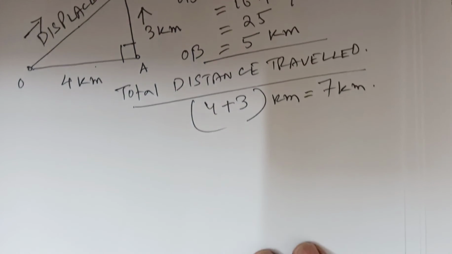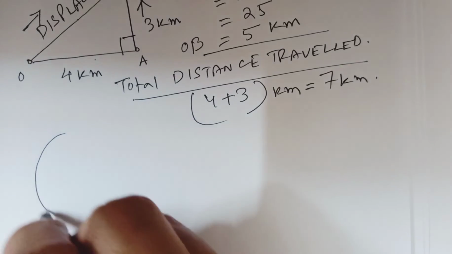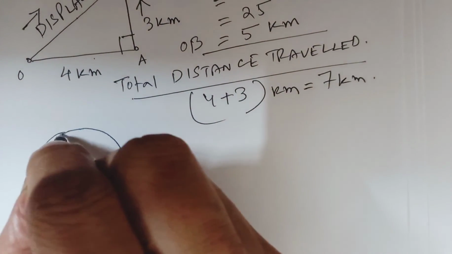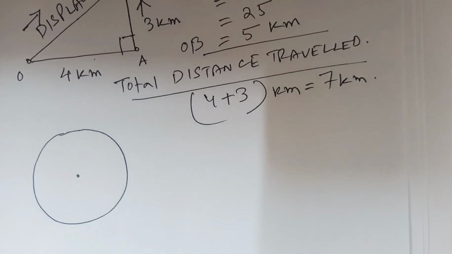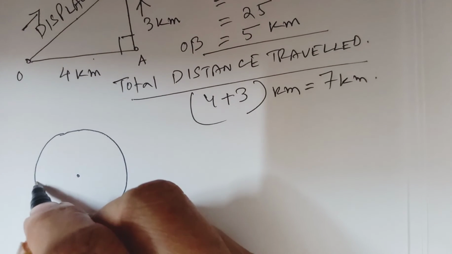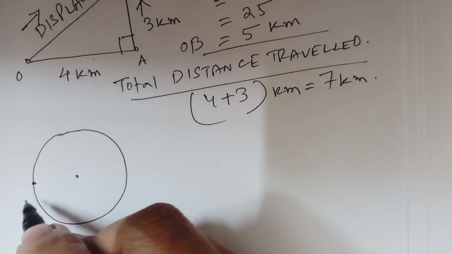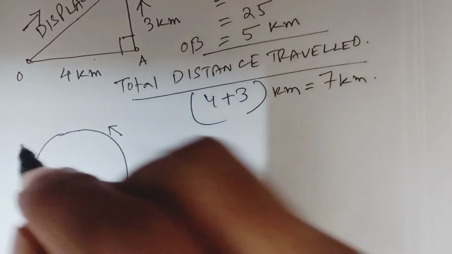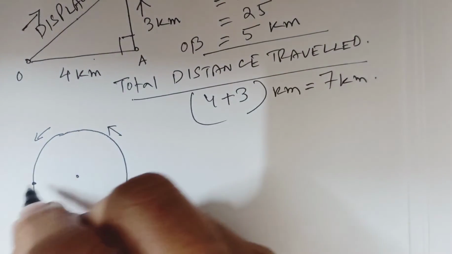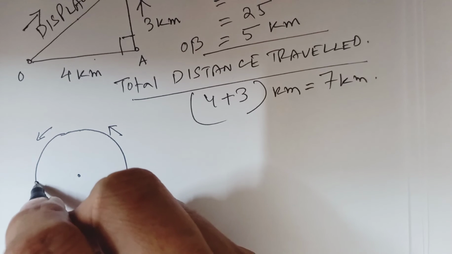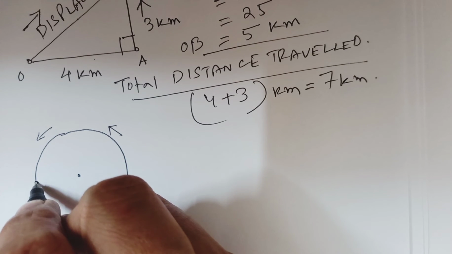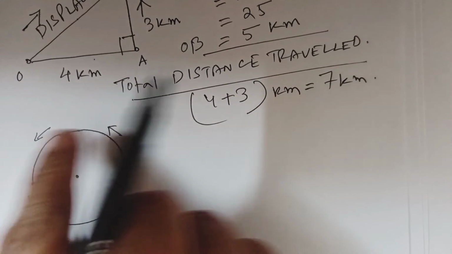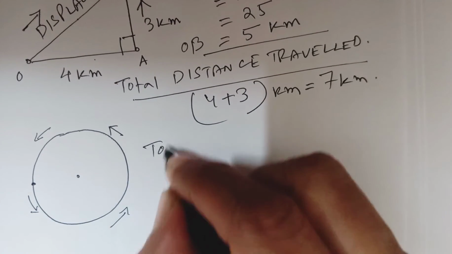Now let us consider this one. A body is moving along a circle. Now this is a circular path. This is the initial point of the body moving along this direction, and ultimately it reaches here. So the initial point and the final point coincide. So how to find the total distance traveled?